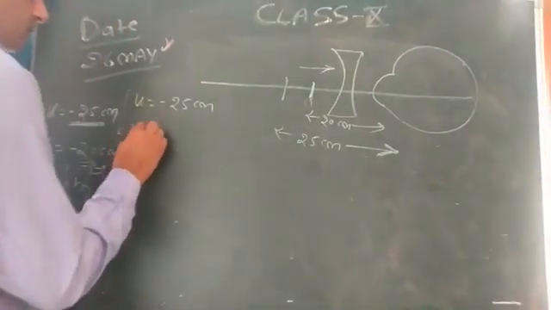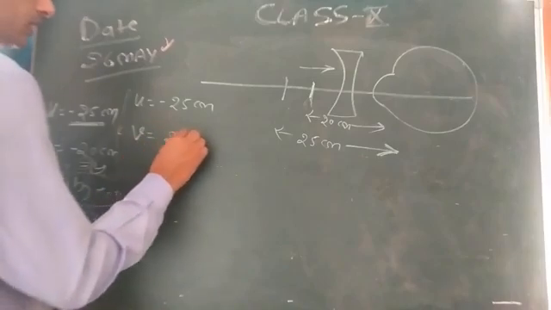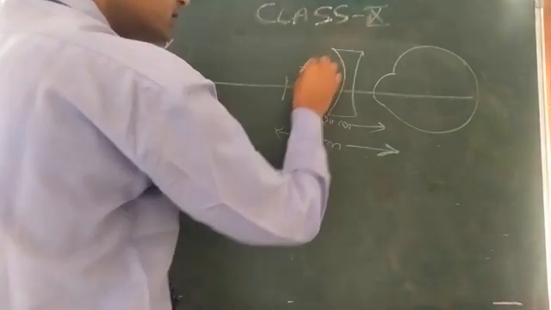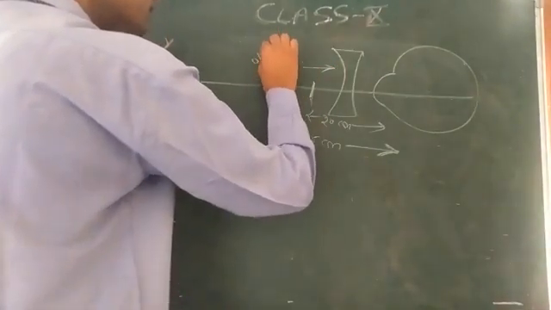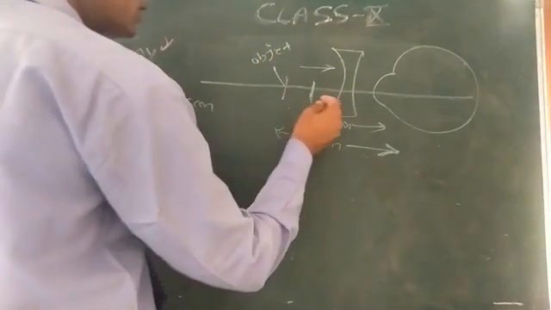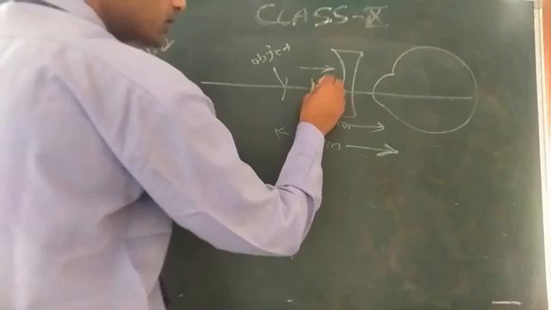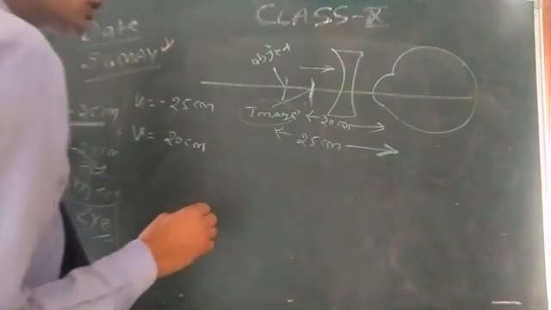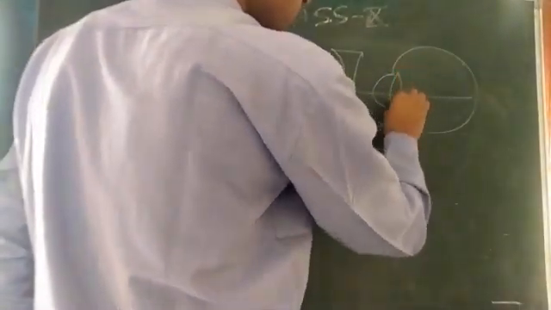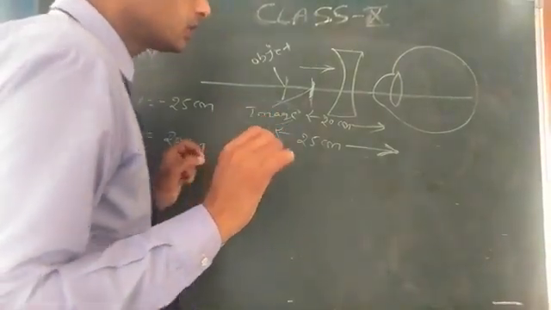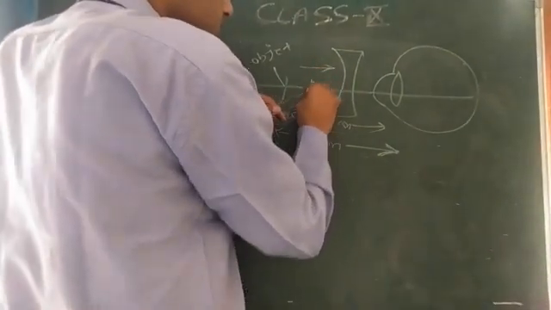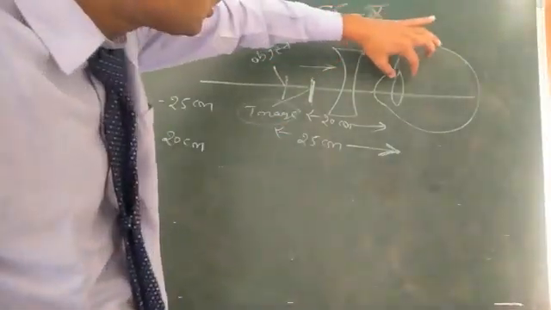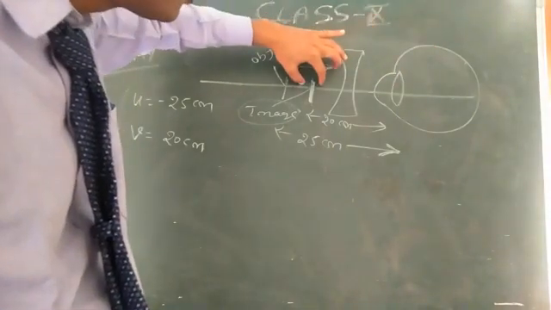And v equals minus 20 centimeter, because for this lens this is the object and the image is at 20 centimeter. For the short-sighted person's eye, up to this point the person can read a book properly.